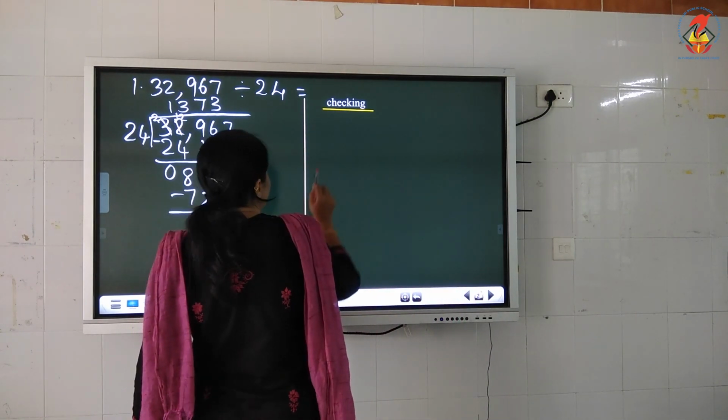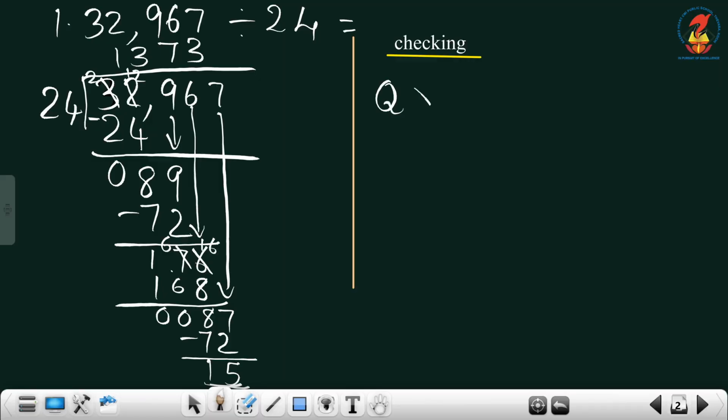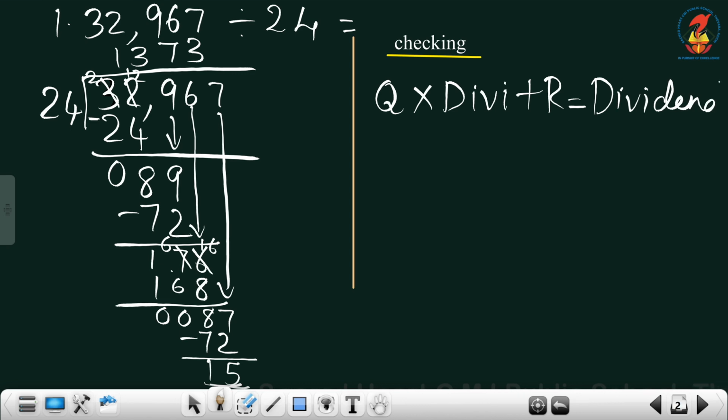The formula for checking is: quotient into divisor plus remainder equals dividend. Here the quotient is 1373, so 1373 into 24 plus 15. That I can do here.